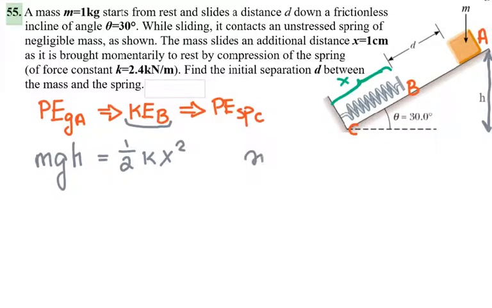Also, the sine of theta, which is 30 degrees, is equal to h over x plus d.